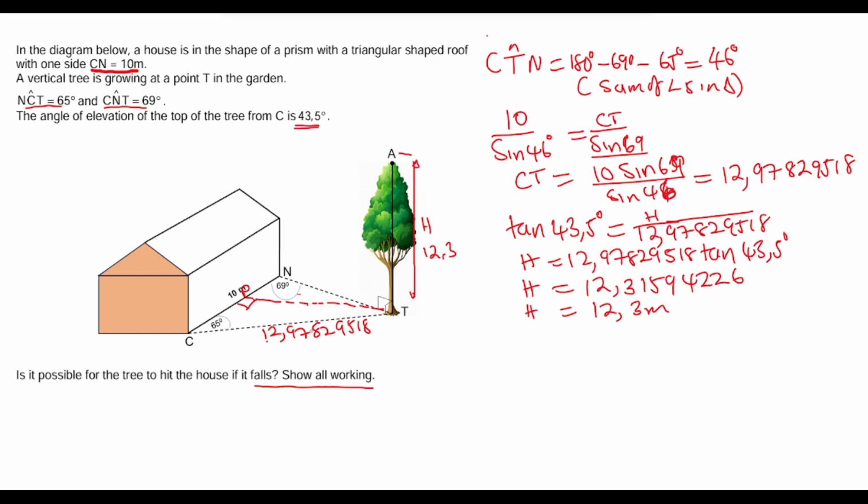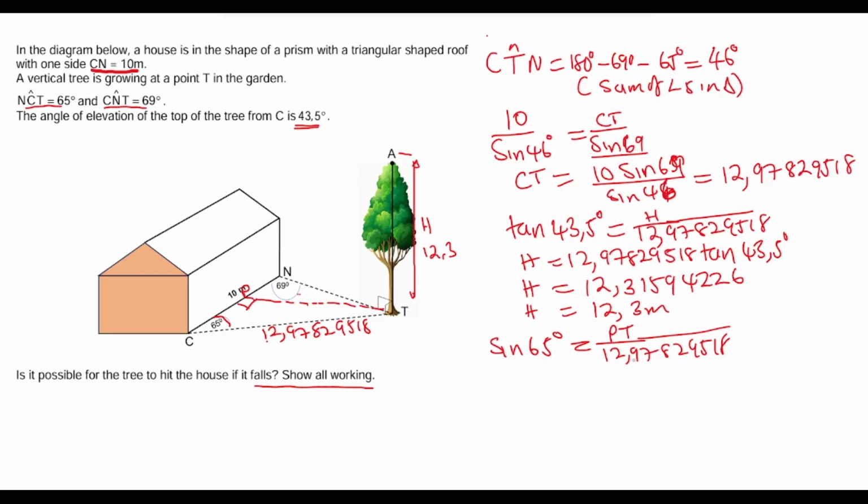12.978295 is the hypotenuse, and our reference angle is 65 degrees. So we can say sine 65 degrees is equal to the opposite side, PT, that we are looking for, over the hypotenuse, 12.97829518.